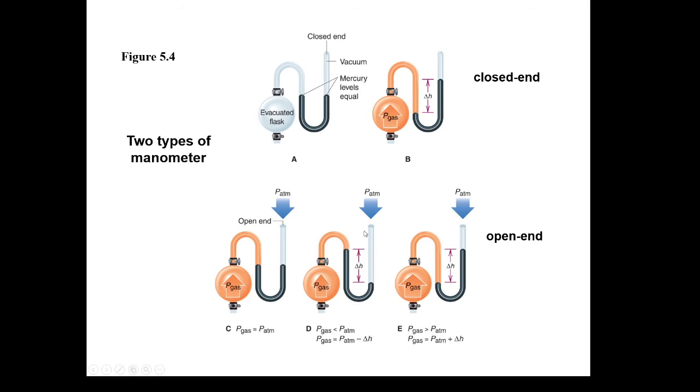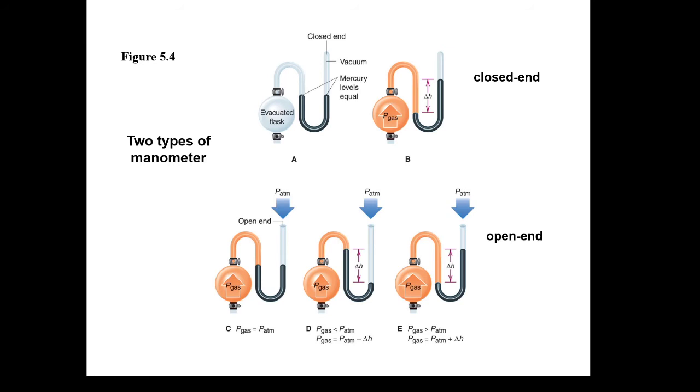The open end takes a little bit more math. The open end is open to the atmosphere. So I got two things going on right now. I have the atmospheric pressure pushing down this way, and the pressure of my gas that I created pushing this way. Okay, in all three examples. In our case here, the mercury hasn't moved, which means that this gas is pushing with the same force as this gas here.